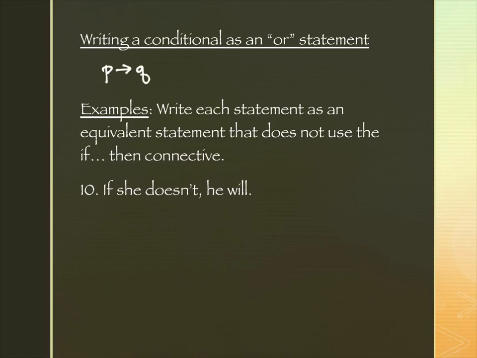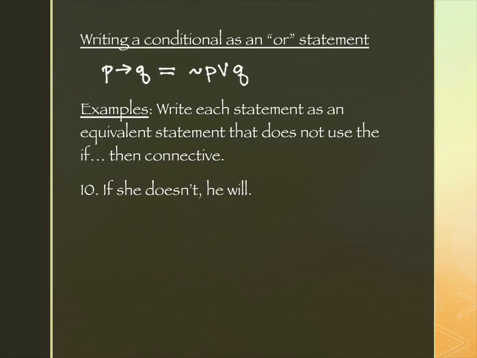The corresponding or statement is the negation of P or Q. These are logically equivalent to one another, so you could put an equal sign between them. These are equivalent statements, much like De Morgan's laws created equivalent statements. These are just statements that involve if-thens, not just ands and ors like that one did.